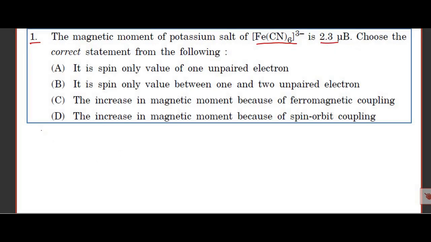In this complex, the oxidation state of Fe is Fe3+. It is 6 - 3, so Fe3+ is a low spin complex, which gives t2g.